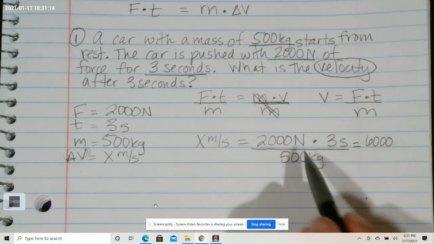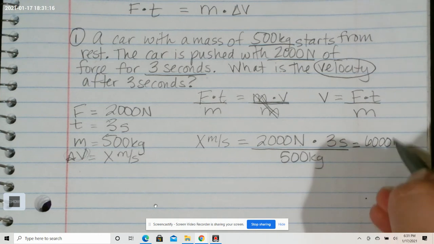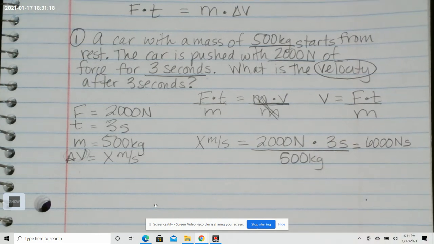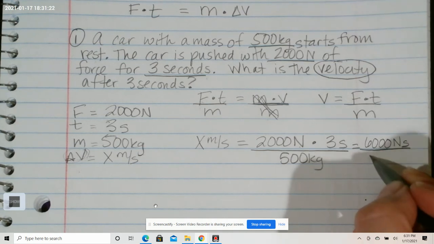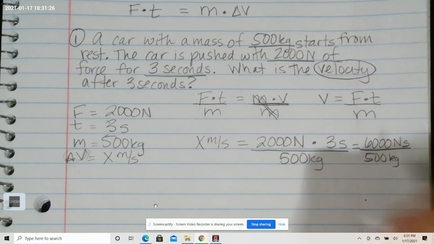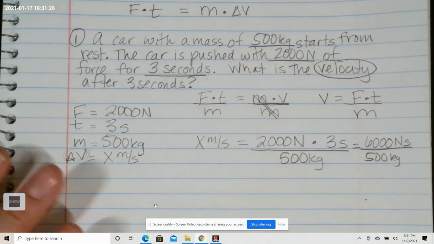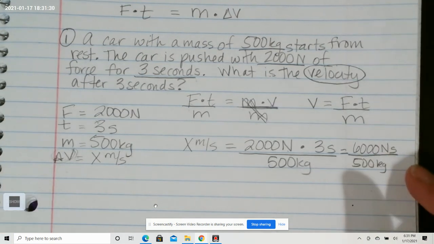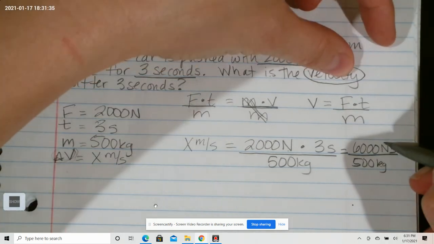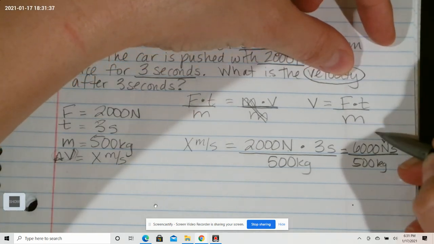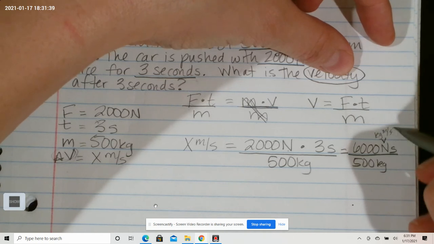Now look, I have a newton times a second. Starting to see stuff I've noticed before: impulse, right? But I'm going to divide out a kilogram here, so we'll see how that works. Divided by 500 kilograms. You might go, wait, there's no kilograms on top, there's nothing on top and bottom I can cancel. Remember, a newton is broken down into a kilogram meter per second squared.